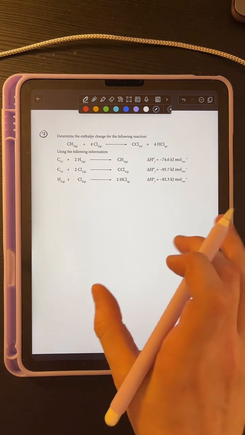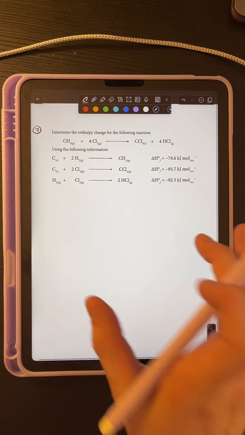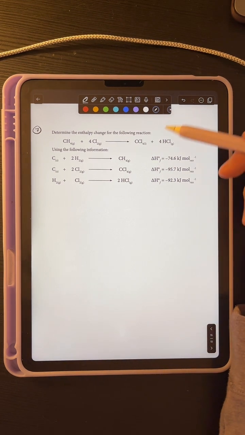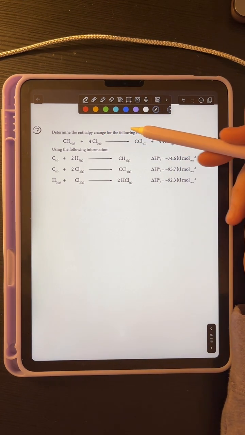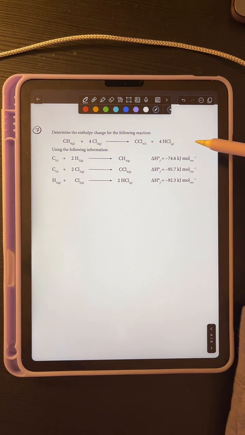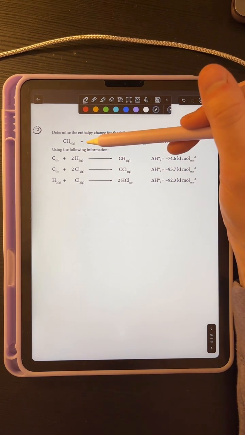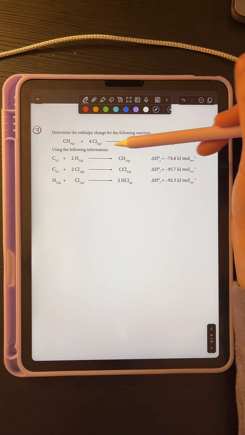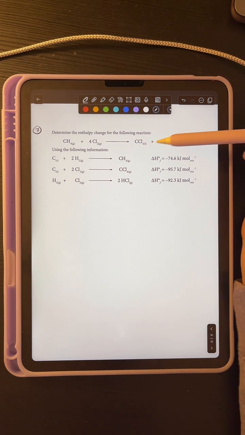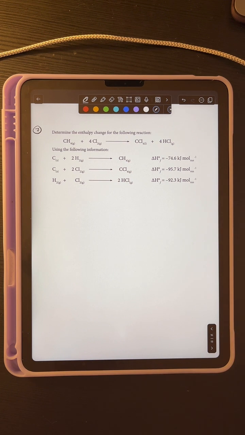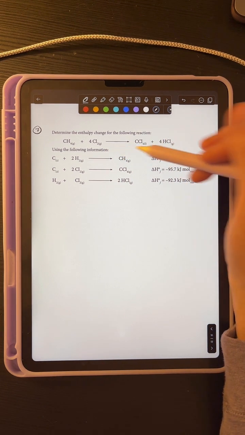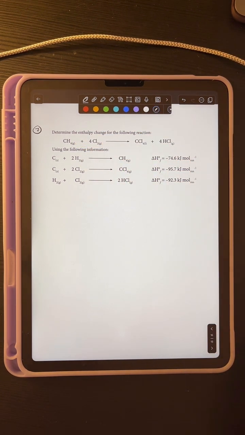So let's go through a Hess's Law problem. So number 7 on the free response, determine the enthalpy change for the reaction. So this is our overall reaction up here. CH4 plus 4Cl2 goes to CCl4 plus 4HCl. So using the following information, and we're given 3 separate reactions.